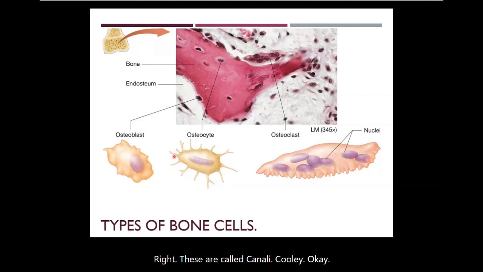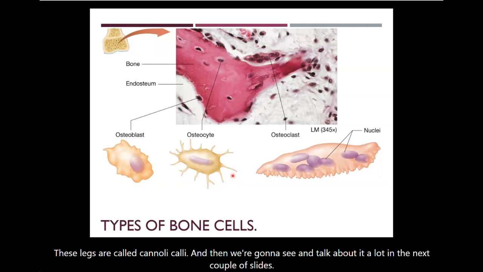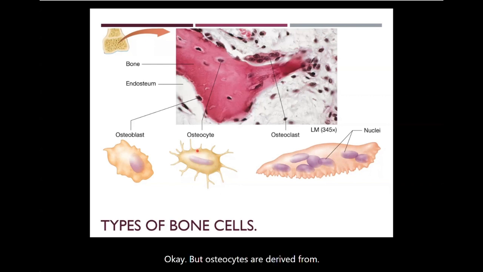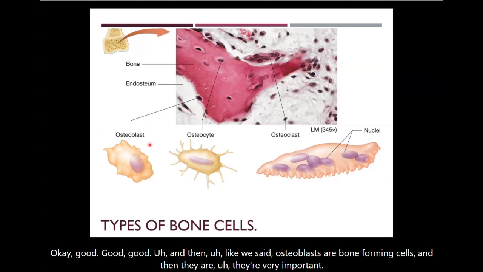These are called canaliculi, okay? We're going to see and talk about them a lot in the next couple of slides. But osteocytes are derived from what? Osteocytes are derived from osteoblasts. Okay, good. And like we said, osteoblasts are bone-forming cells, and they're very important.